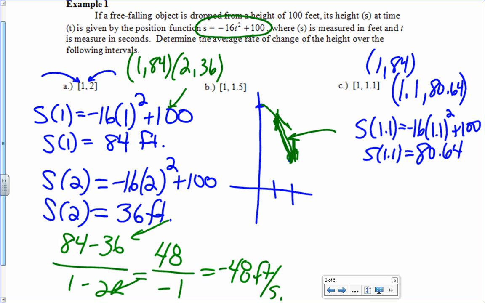Wait a minute, how come that number is bigger than when I put 2 in? Yeah, because we went there and we said that's for 1, right? Here's 2. 1.1 would be right in here, so really I'm finding the average from there to there, right? Right, so do you see how it's going to be a different average? And so it depends on which way we want to do it, we'll do 84 minus 80.64 over 1 minus 1.1.